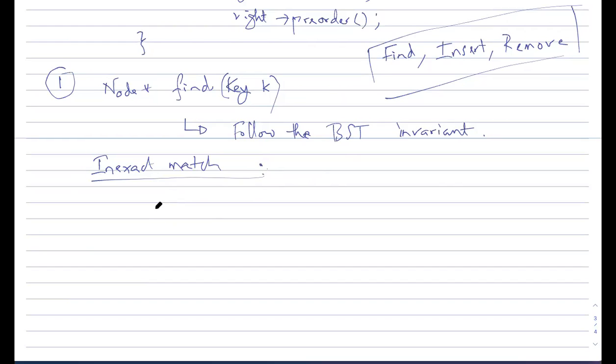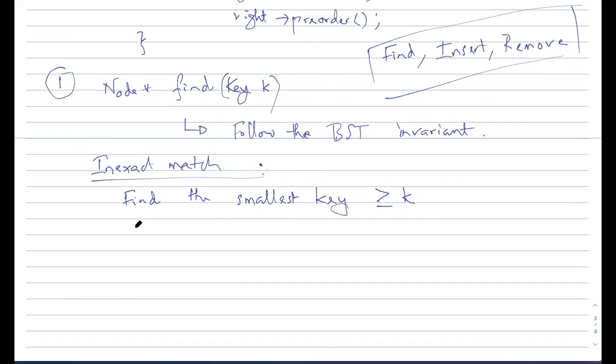So what is an inexact match? The problem is to find the smallest key that is greater than or equal to k. So this find we are going to now see more from the light of the inexact match, approximate match.